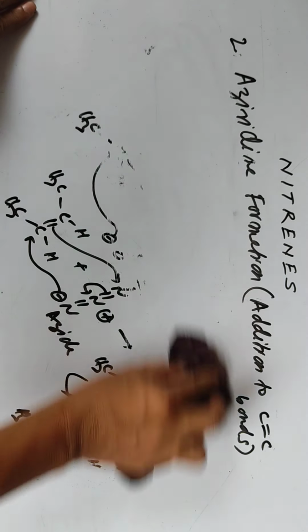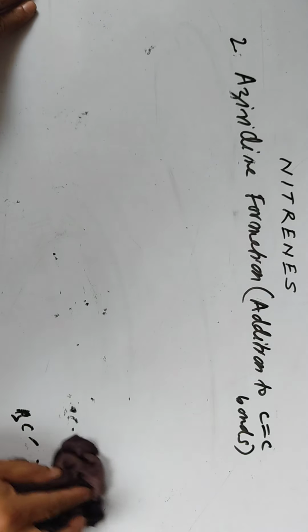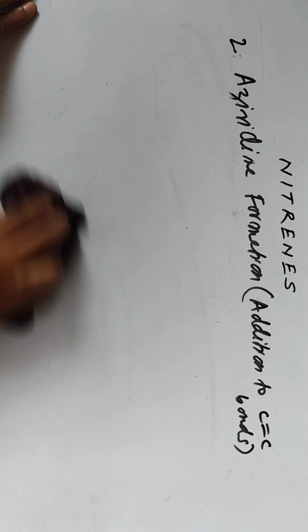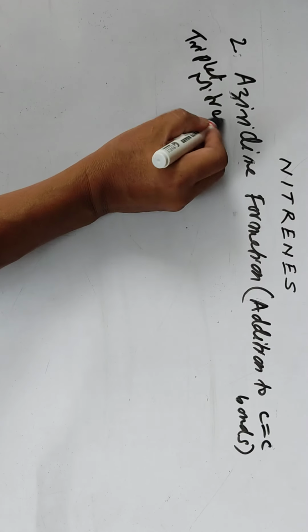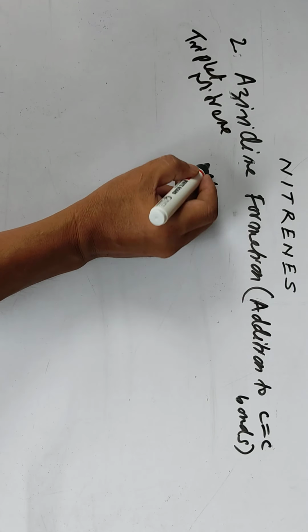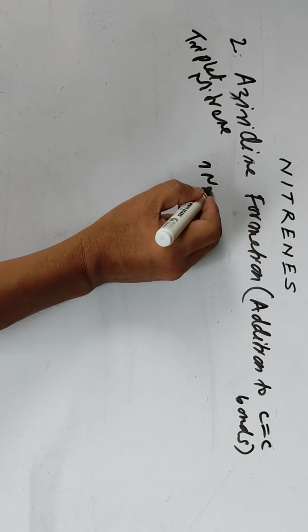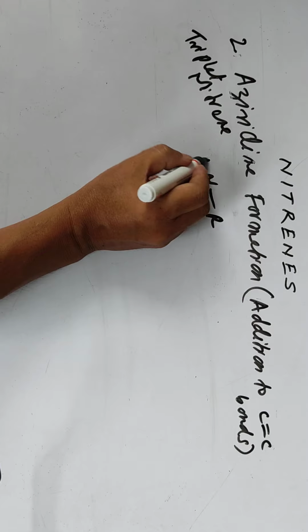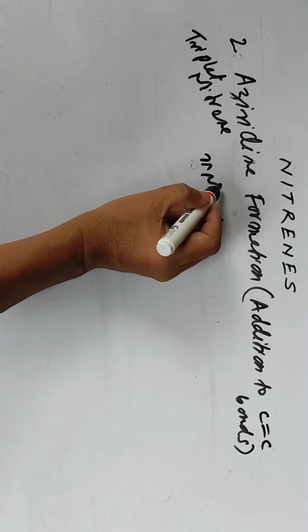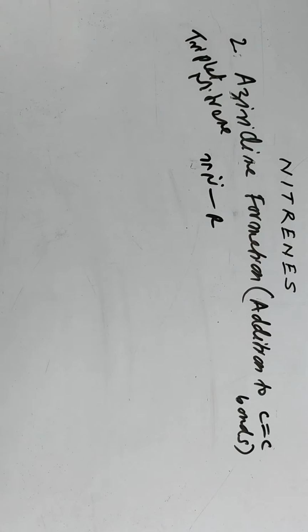Now let us look at the addition of triplet nitrenes to carbon-carbon double bonds. In the case of triplet nitrenes, both electrons are parallel. So you can have R here, both parallel. This is the triplet nitrene.